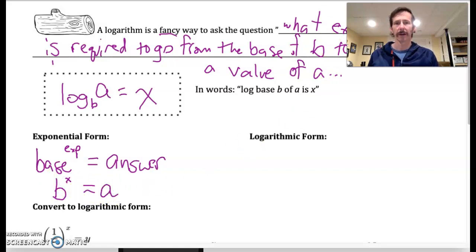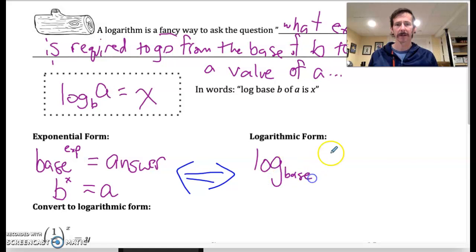We've done that unit on exponentials a bit, and what I want to talk about is going back and forth between the exponential form and the logarithmic form. So in a logarithmic form, I would have a log, and it would have a base. And the exponential answer would be inside my logarithm, and that would equal my exponent.